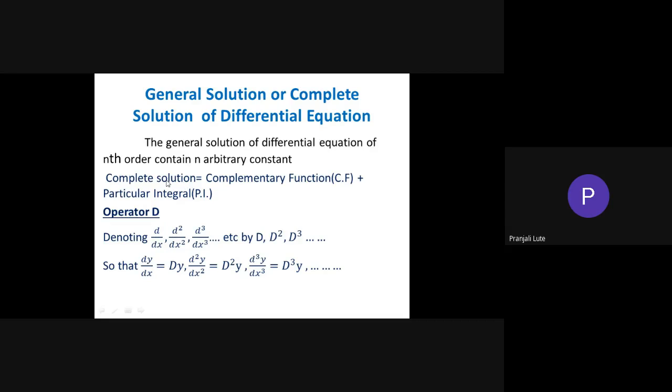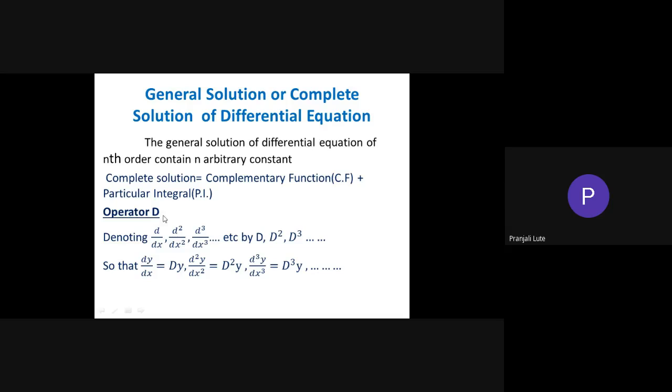Whenever we have to find the complete solution, first we have to find the complementary function and the particular integral. The complementary function is denoted as CF, plus the particular integral as PI.